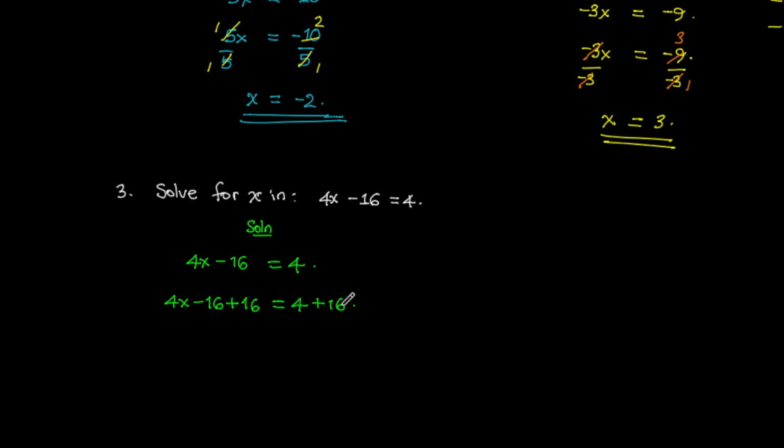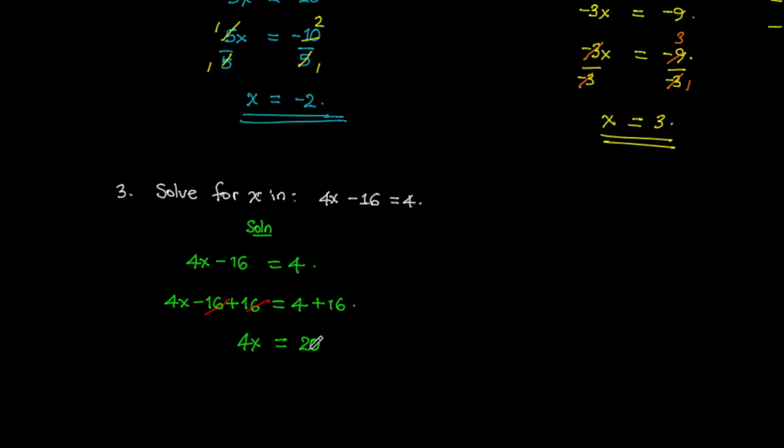Then we cancel out negative 16 and positive 16, so we're left with 4x on the left hand side, and 4x equals the sum of 4 and 16, which is 20.